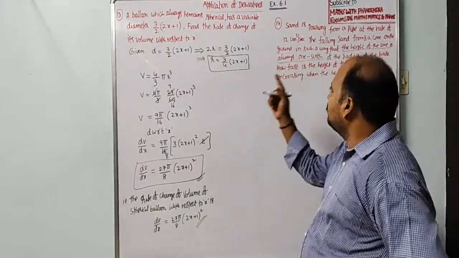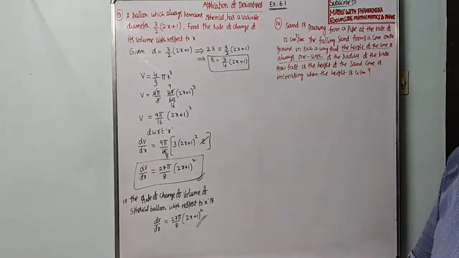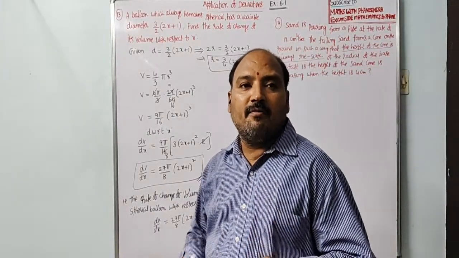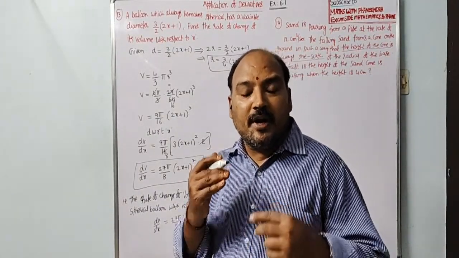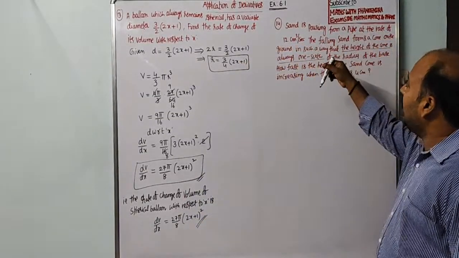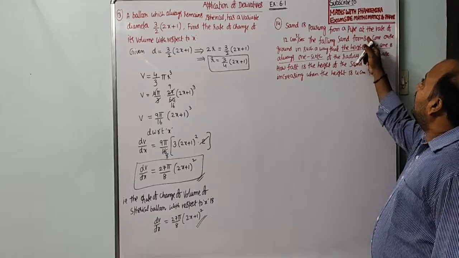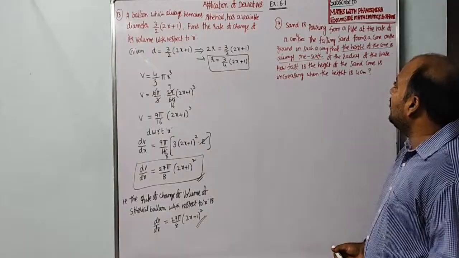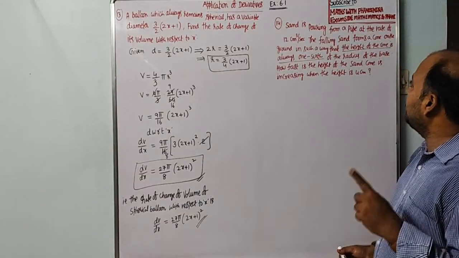Okay, dear students, we'll move to another question. Question number 14 is a very important concept question. First, we need to read the question thoroughly. See, sand is pouring from a pipe at the rate of 12 centimeter cube per second. The falling sand forms a cone.